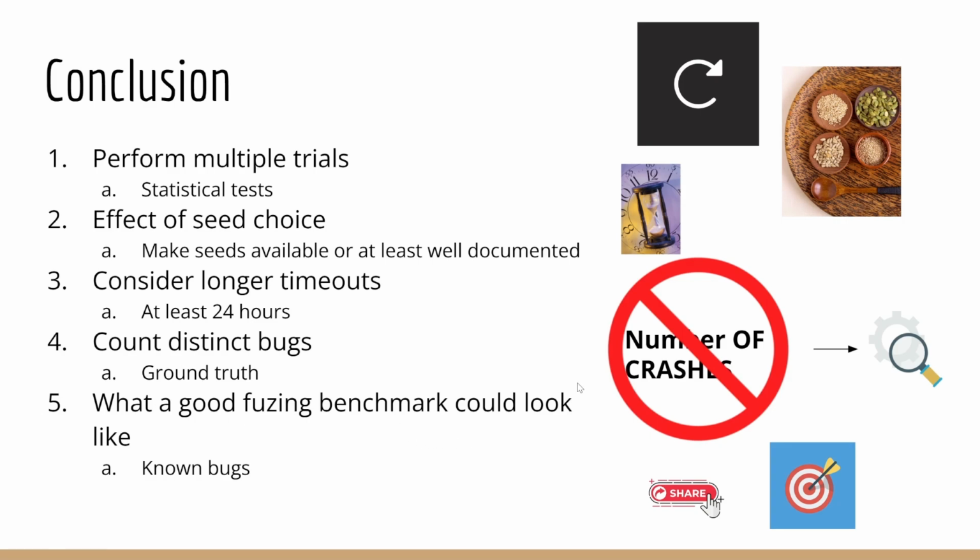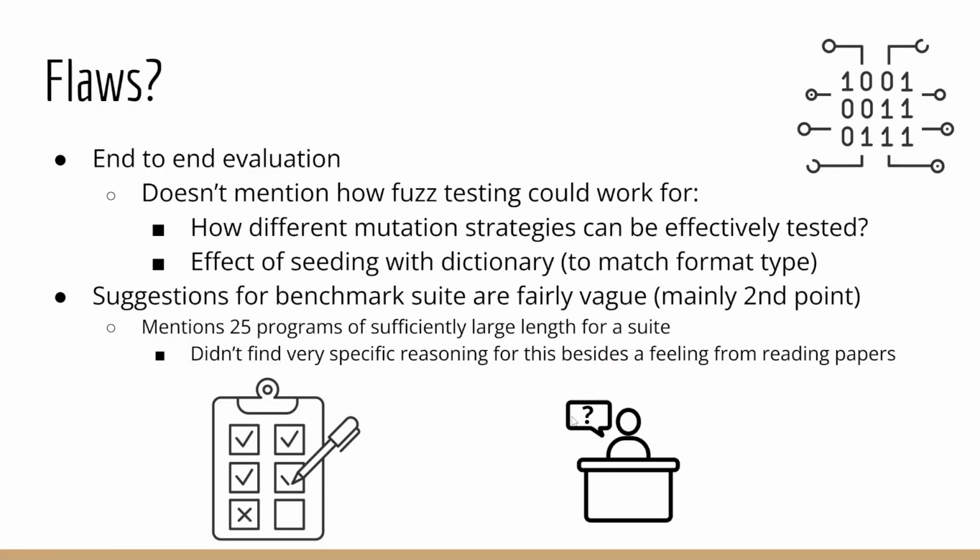The last couple of slides went over a possible fuzzing benchmark and what it could look like, once again focusing on known bugs, that ground truth. So, were there any flaws that I personally found with this paper? The paper is mainly an end-to-end evaluation. So it doesn't really mention evaluating specific parts of the fuzzer, like how does this mutation strategy affect the fuzzing?